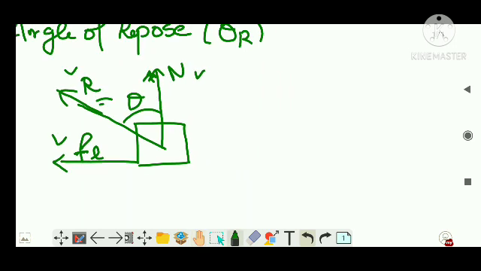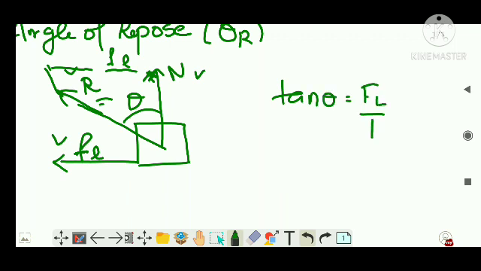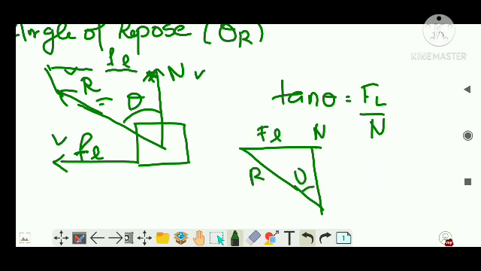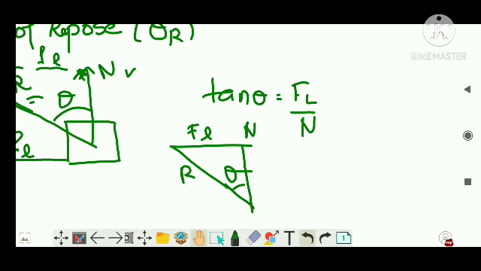So if you are asked what is theta, you can extend this as a triangle. This will be FL now, right? So tan theta is equal to FL by N, right? This triangle is like this. So this is N, this is R, this is FL, and this is theta, right? So we will find what is FL and N reaction.